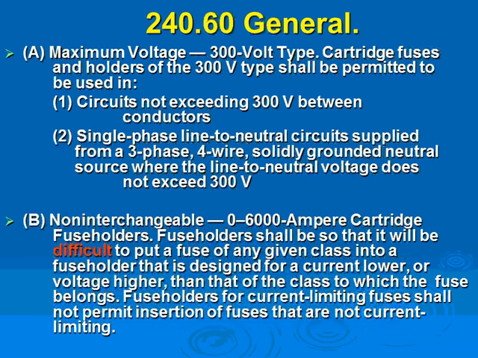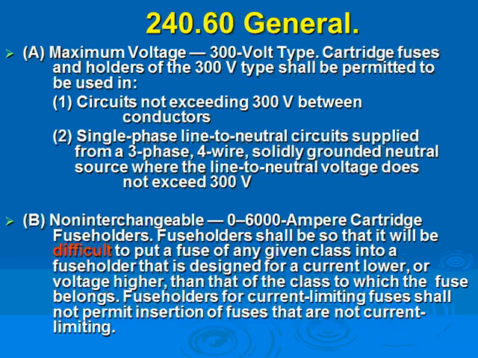Single phase, here's where you can use these: single phase line to neutral circuit from a 3-phase 4-wire solidly grounded system, where line to neutral does not exceed 300 volts. So that will cover almost all the voltages that we use: 208, 120, 240, 120. Well, 480 wouldn't get you 480 because of the limitation of the voltage here. But 208, 120, 240, 120, and that's about it.